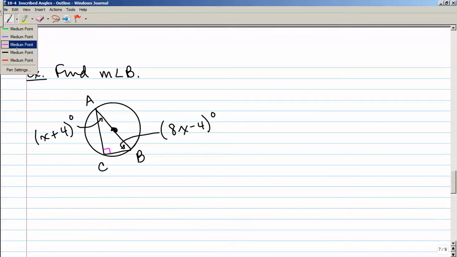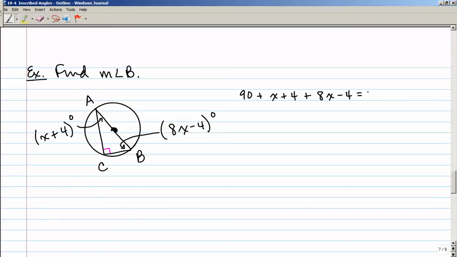So that means that angle C has to be a right angle. So since it's a right angle, I can say that 90 plus x plus 4 plus 8x minus 4 is equal to 180. My 4 and my minus 4 are going to cancel each other out, so then I have 9x equals, subtracting 90 from both sides, 90, or x equals 10.